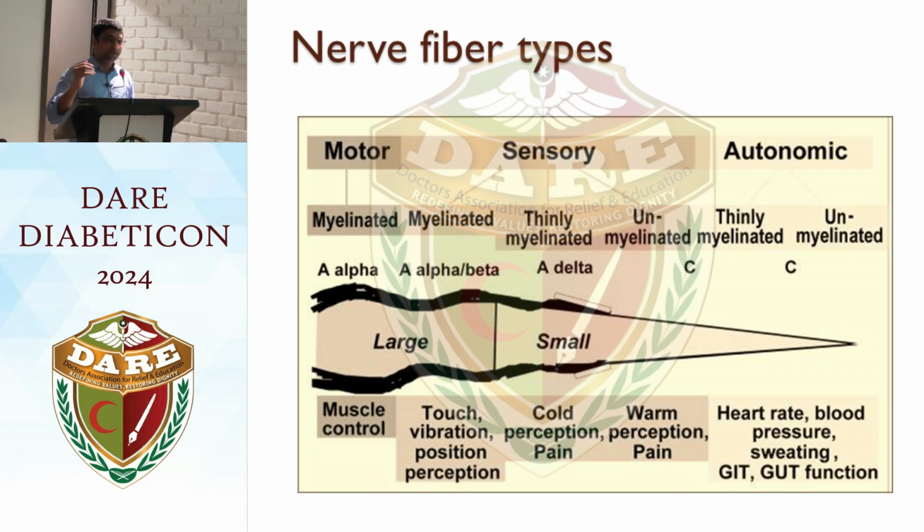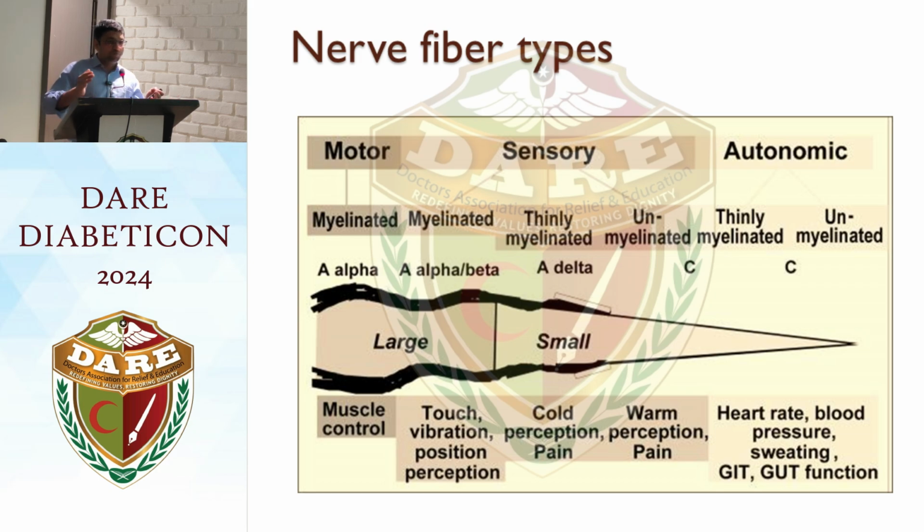Whereas if we are dealing with the thinly myelinated fibers or unmyelinated fibers, we are going to deal with temperature perception abnormalities and pain perception abnormalities. Whereas if it is only unmyelinated fibers which are controlling the autonomic function, those cases will have manifestations with respect to autonomic function. If we keep this in mind, then we can better appreciate.